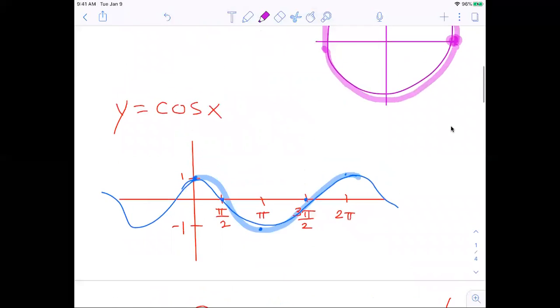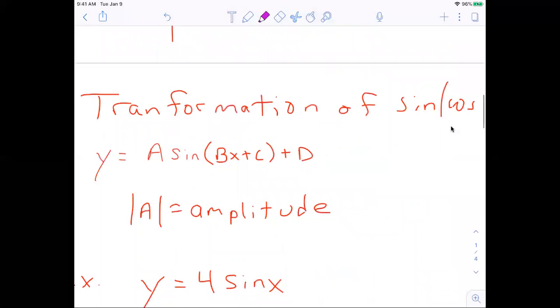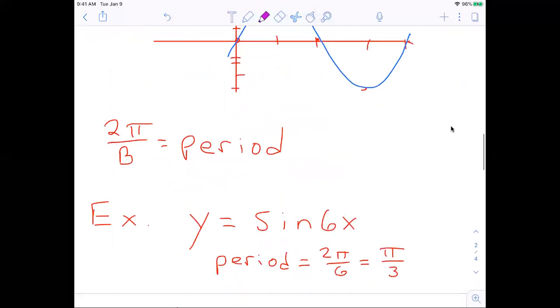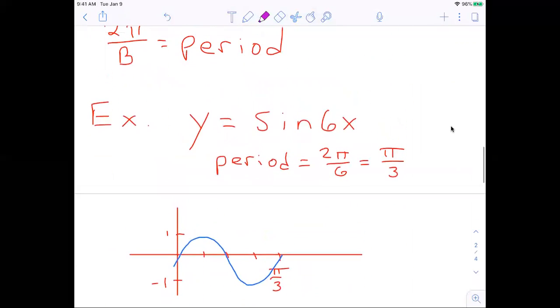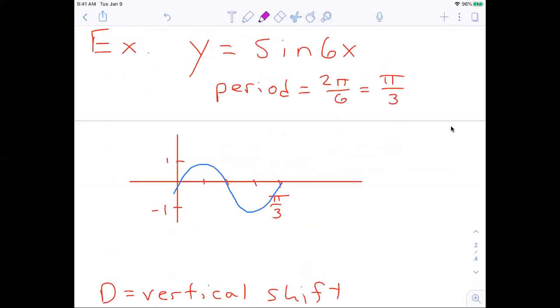The number in front of the x, that squishes it horizontally, or stretches it for that matter. So that's going to change it this way. For example, if we had a number in front of the x that's 6, our regular sine graph would go to 2 pi.